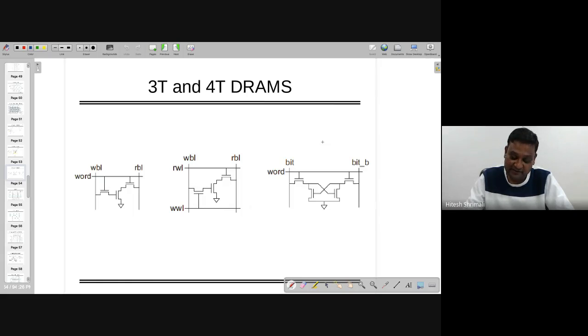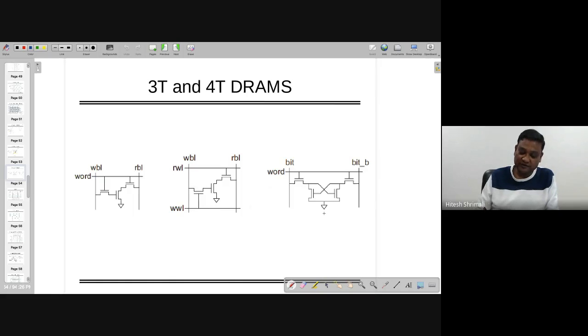So area wise, it's taking more area. So if it is not required, then it's okay, fine. Because even if it's not reaching the required value of logic 0 or logic 1, it's going to be taken care of by the sense amplifier. So the sense amplifier is going to sense the value of delta V at the positive side or the negative side, and it will give the output.